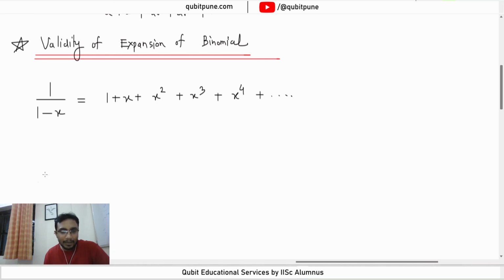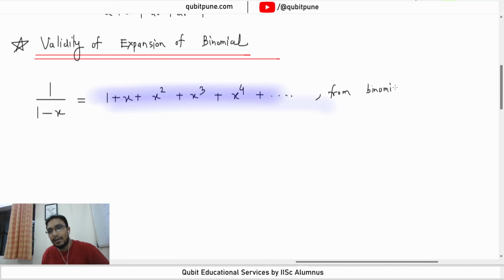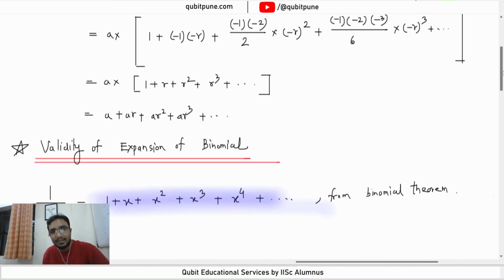Okay, where have I got this from? We have got this result from binomial theorem, correct? And binomial theorem has given us that result.